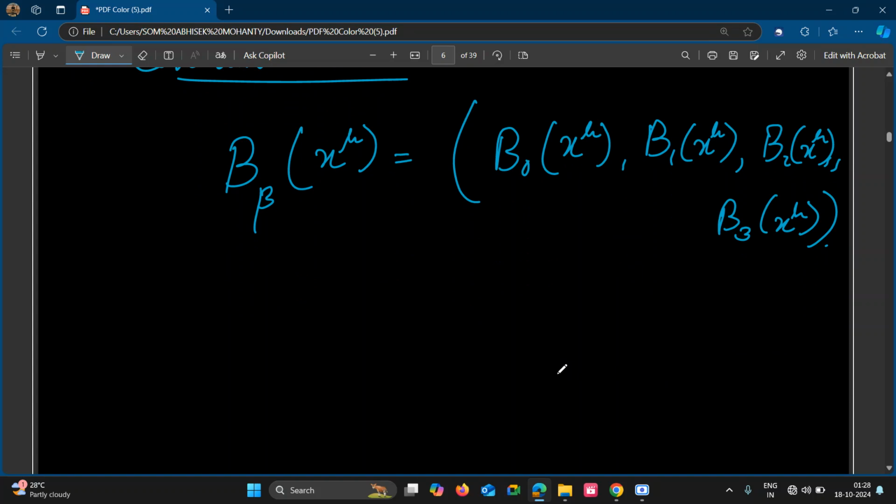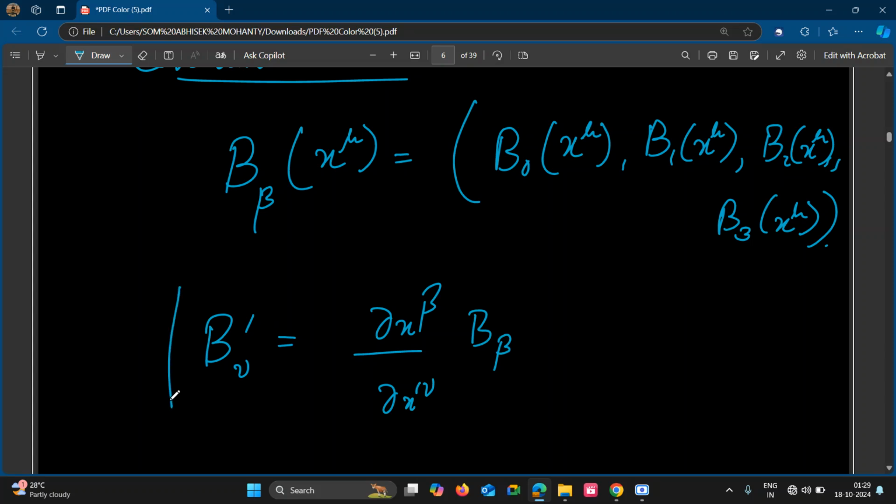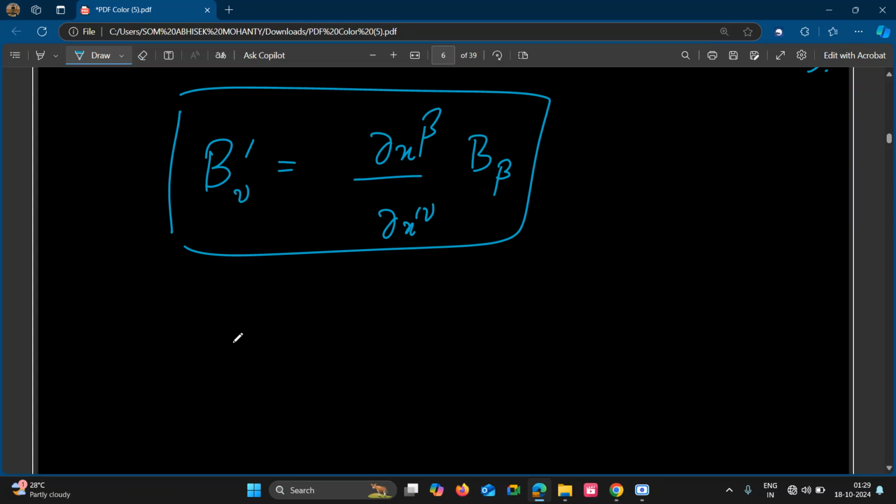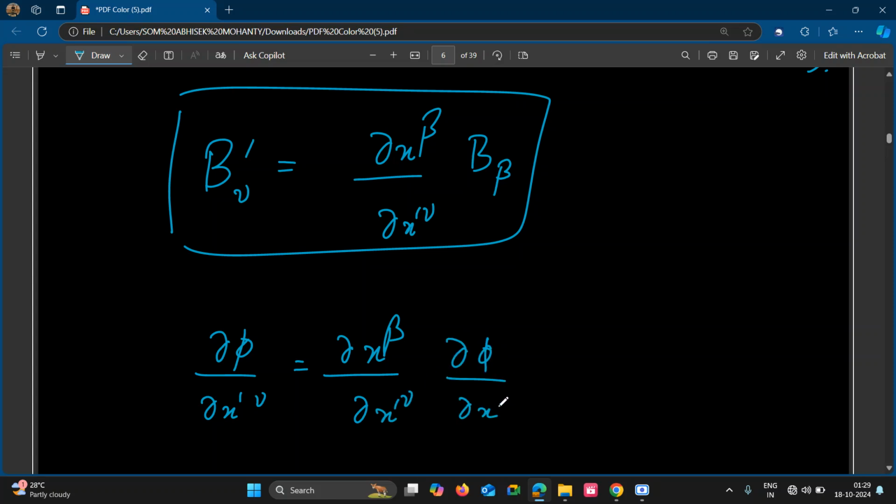If we transform it, b nu dash is equal to, so nu is here, see carefully, del x beta by del x dash nu b beta, right? Which is kind of similar to del phi by del x dash nu is equal to del x beta by del x dash nu and del phi by del x beta.